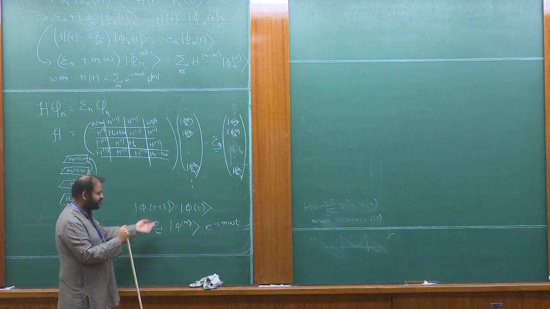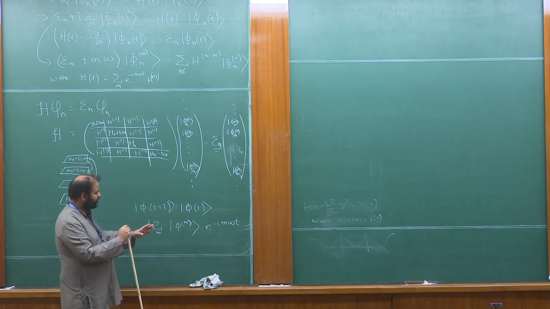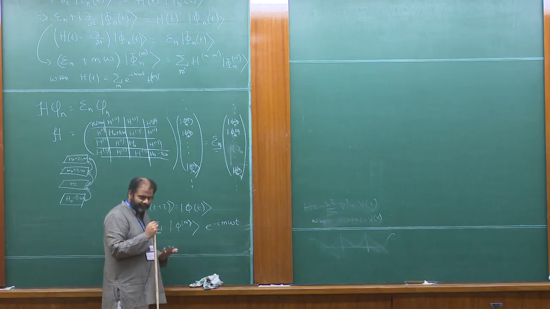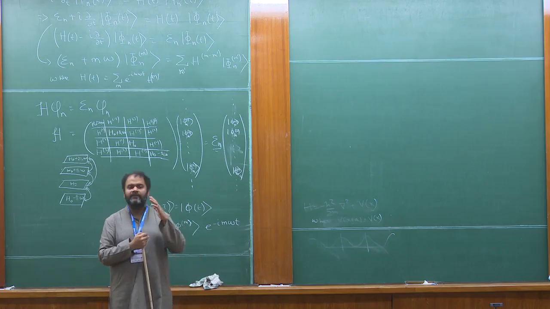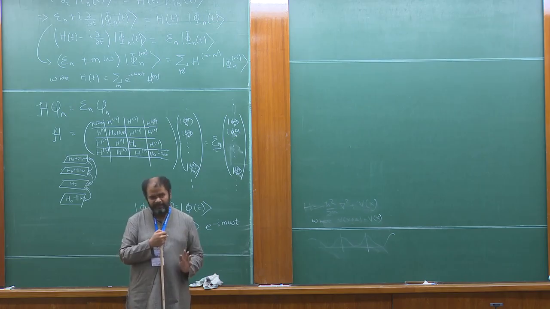So I guess what you are saying is that the value of phi m will depend on omega. Yes, of course it has to. But let's say I have given you a Hamiltonian with a particular period.